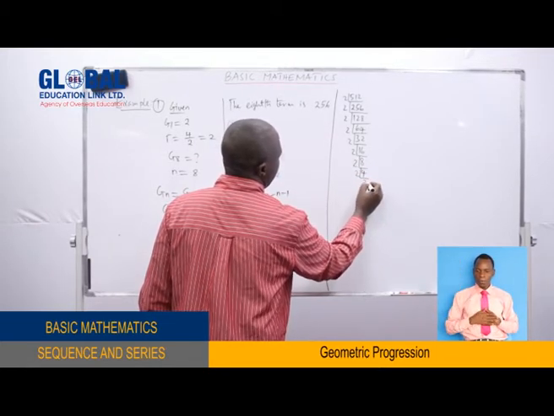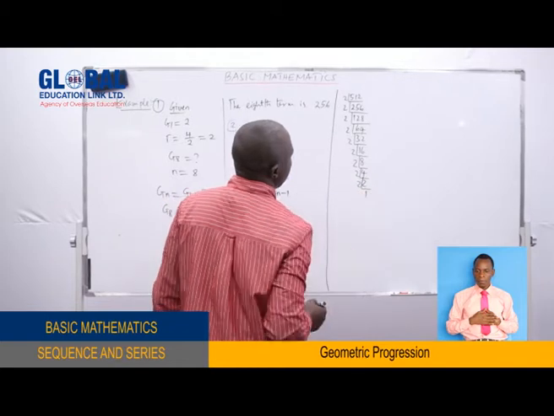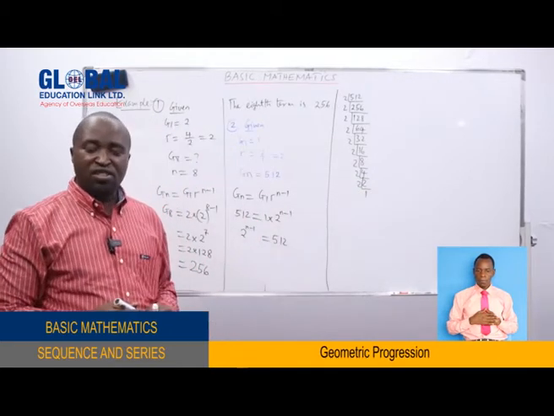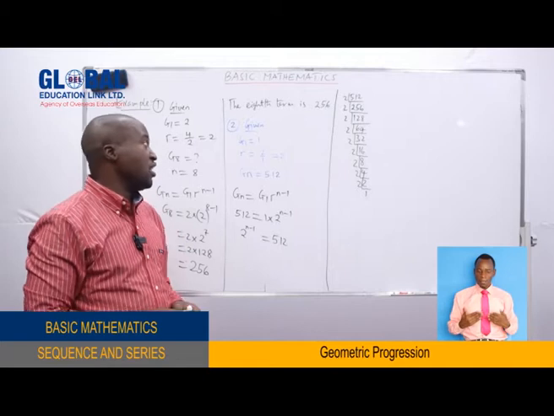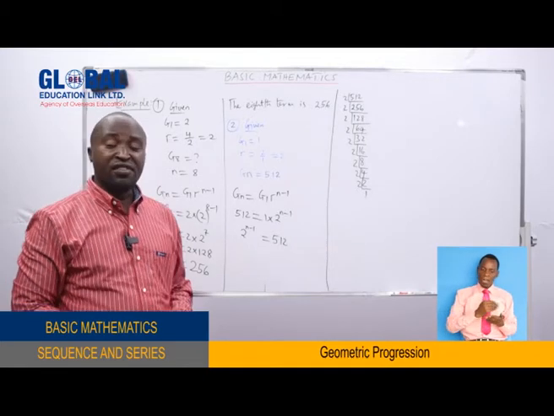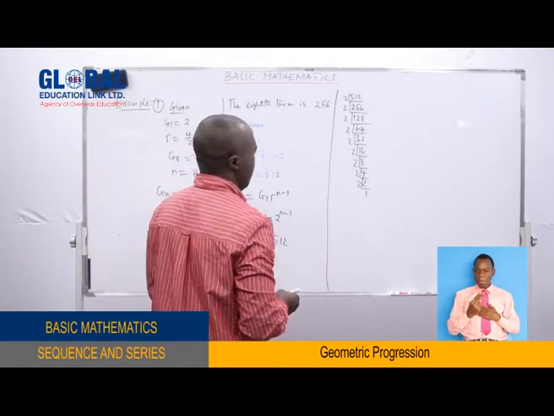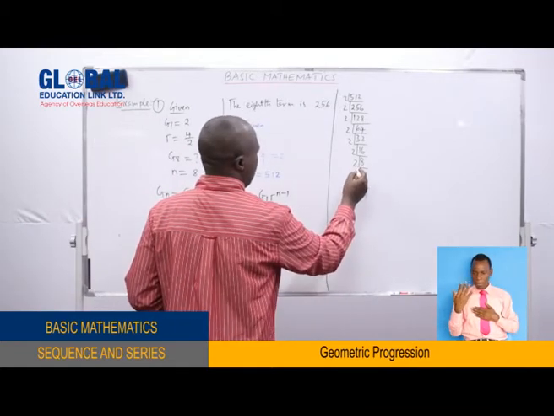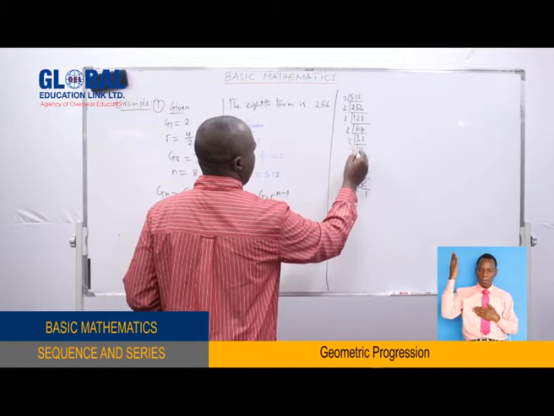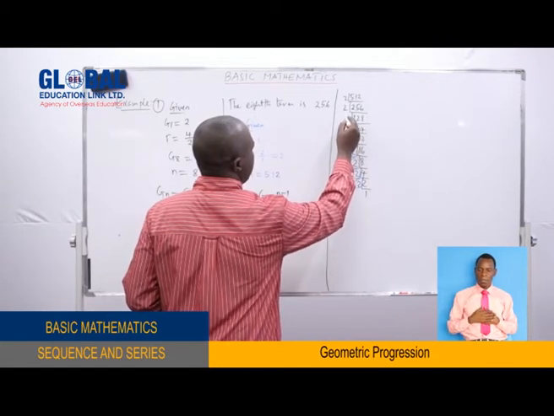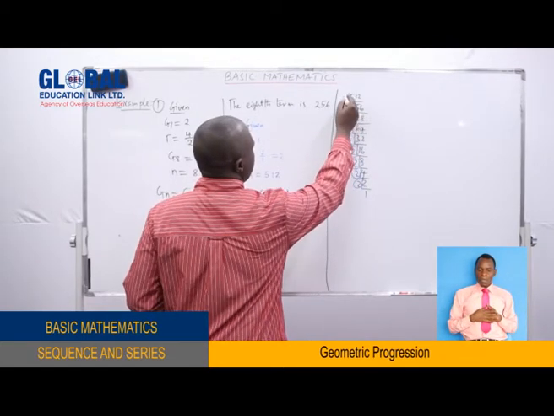By 2 is 2. Then by 2 is 1. Now in this case, you can count the number of 2's that are in 512. Simply we have 1, 2, 3, 4, 5, 6, 7, 8, 9.